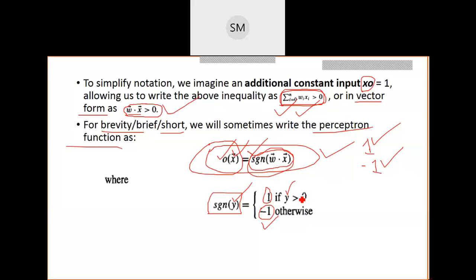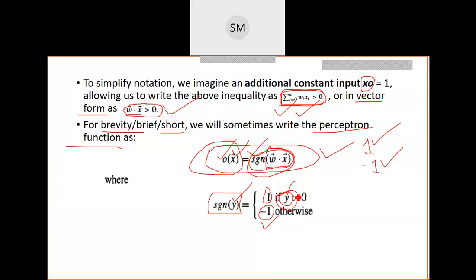This y is nothing but the product of w and x, so w vector into x vector. If its value is greater than 0, the output of your perceptron will be plus 1. If this product is less than 0, then the output of your perceptron will be minus 1.